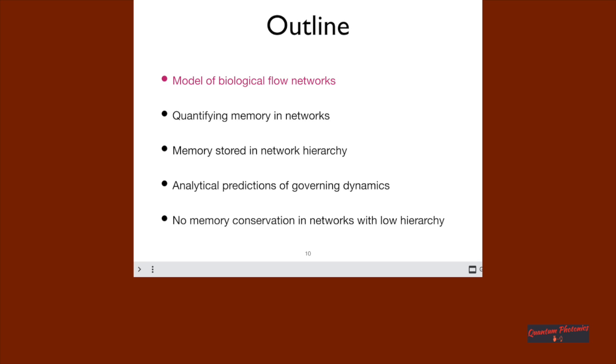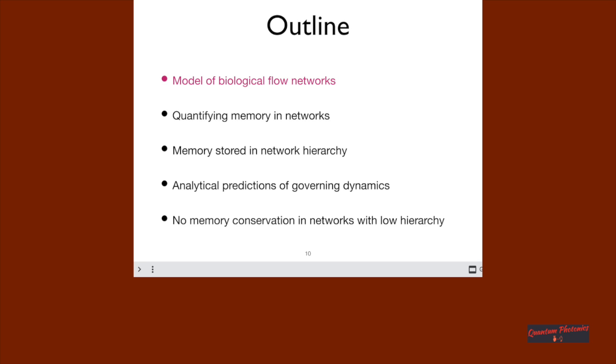And if I consider each of these links of these networks as hollow cylindrical tubes with fluid flowing through them, one can use the Hagen-Poiseuille equation, which is a very simple linear equation, to write down how the flow through these tubes is going to be as a function of the pressure differences along the tube, which is similar to the relationship of current to voltage drop following Ohm's law.